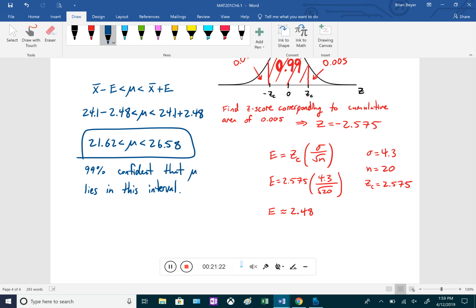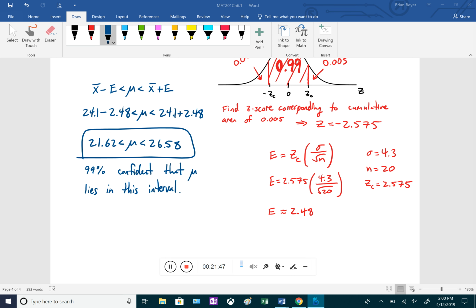In general, the higher the confidence level, the wider the confidence interval will be. The lower the confidence level, the more narrow or close together the confidence interval will be.